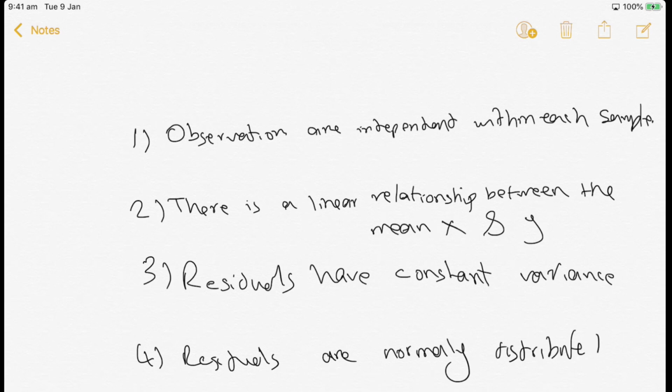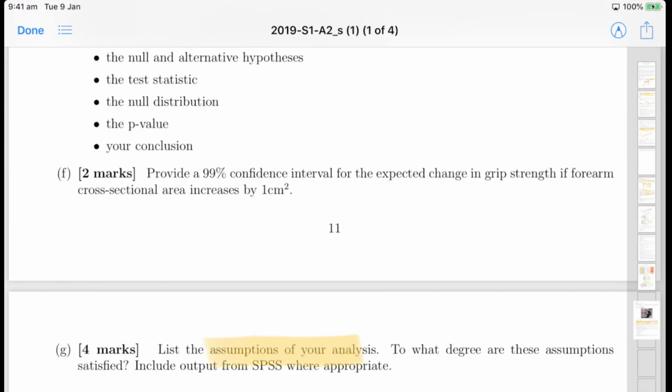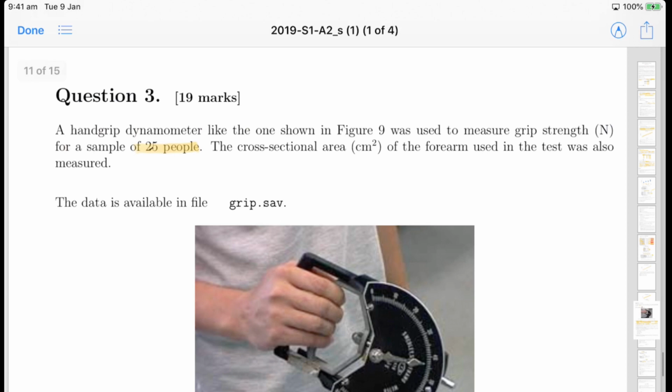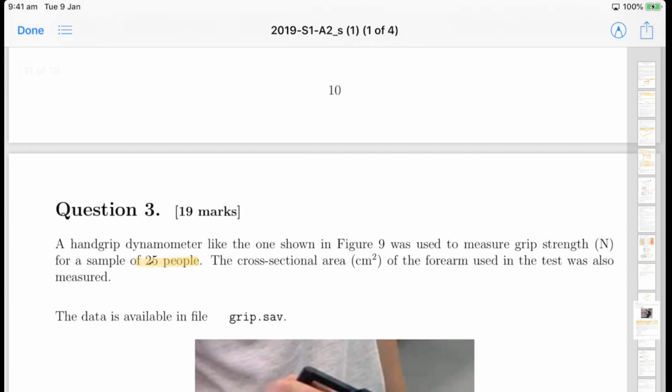How do we test that? Again, let's start from the first one. In order to test whether they're independent or not, you need to go back and read the question and see if there is any information given or any reasonable justification that they are independent. If you read the question, we will see that there is actually no information given that they are independent.